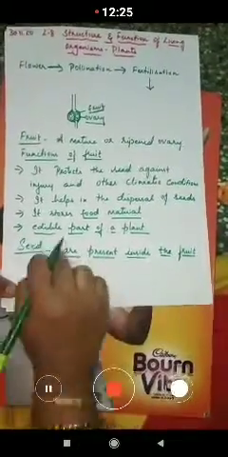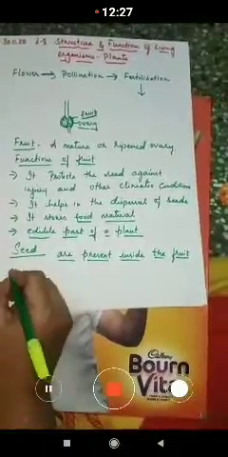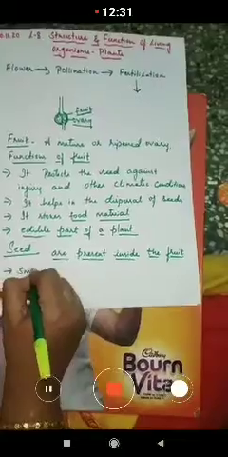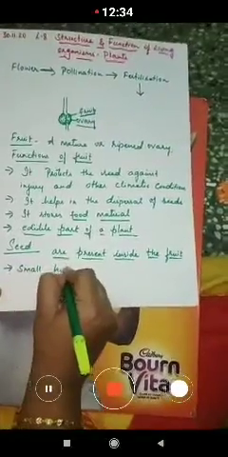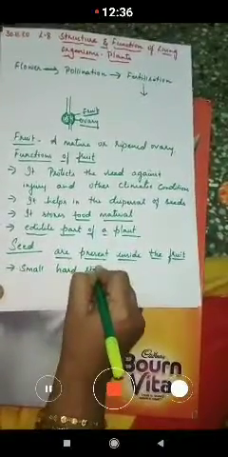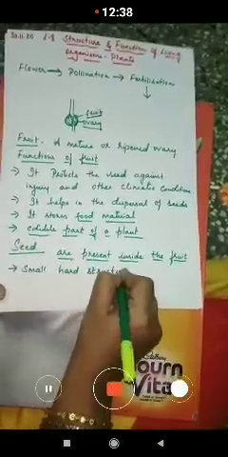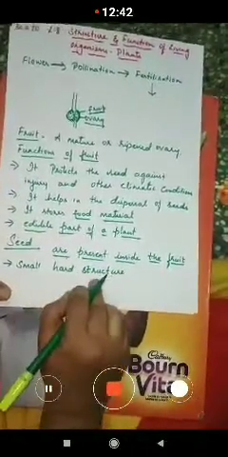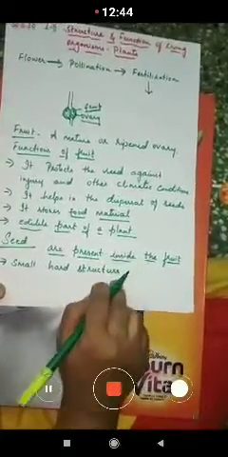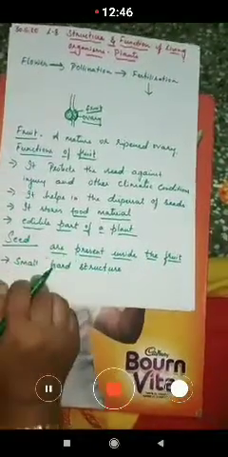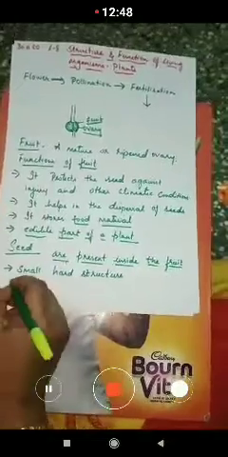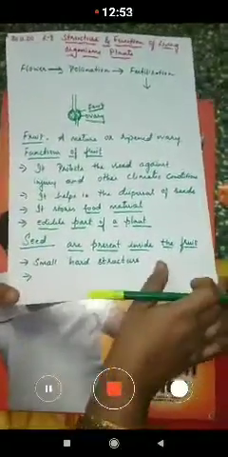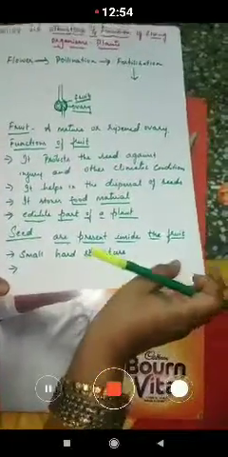So how will you define the seed? Seed is a small, hard structure present inside the fruit. Now we can observe that inside the seed, in the 5th standard you have learned about the germination of seed.